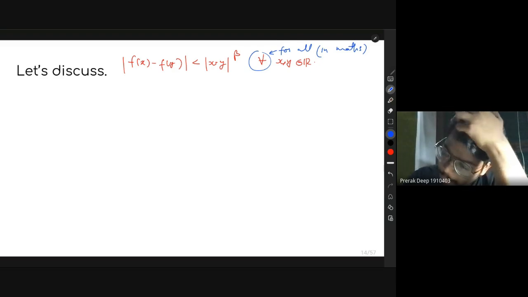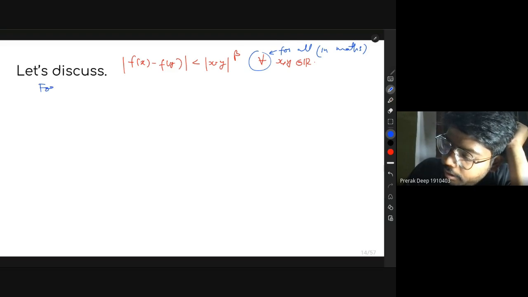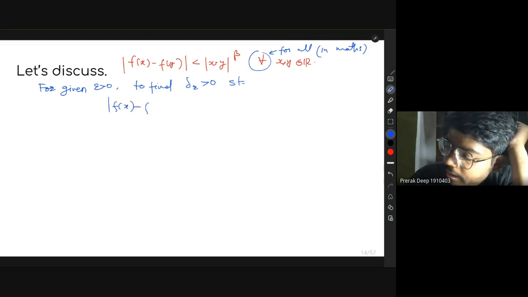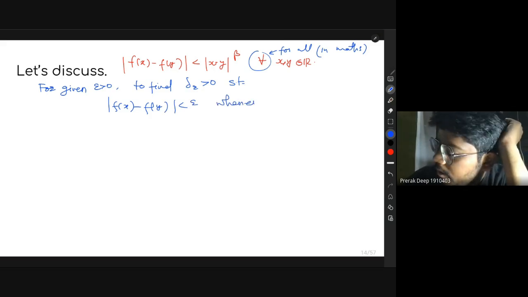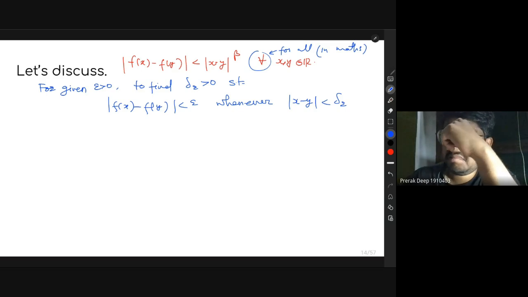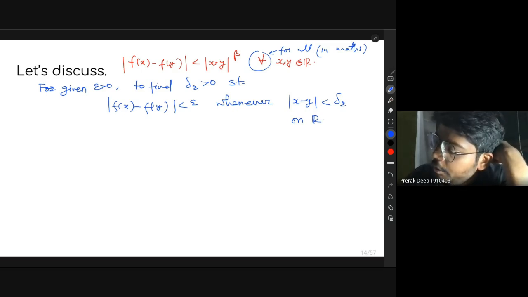Okay, so now you need to start with, let's say, for a given epsilon, you need to find delta which depends completely on epsilon, such that f of x minus f of y is smaller than epsilon whenever the modulus of x minus y is smaller than delta epsilon on R. Okay, so how do we prove that?